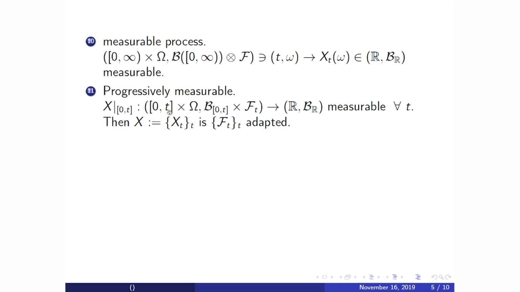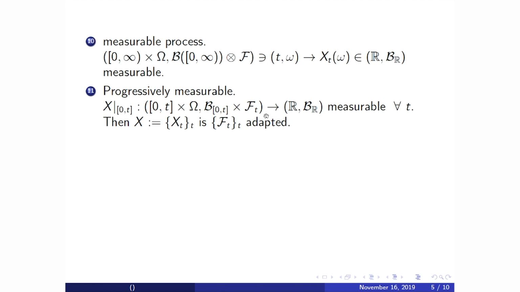We think of t as the terminal time, so my time domain becomes the closed interval [0, t], the space Omega remains the same, and on this product space we consider the product sigma algebra B[0,t] times F_t. The notation is different but it is the same idea. Here the range is R with the Borel sigma algebra. This must be measurable for all t.